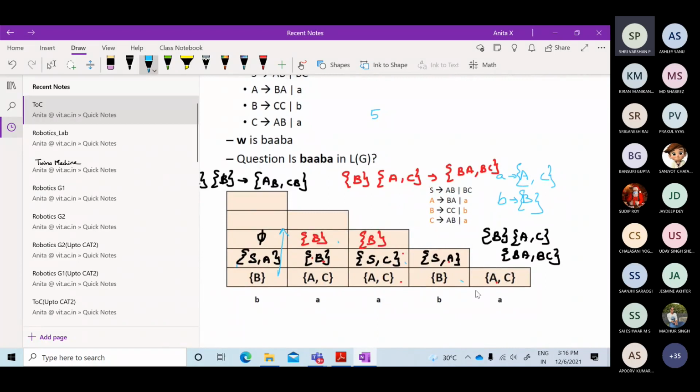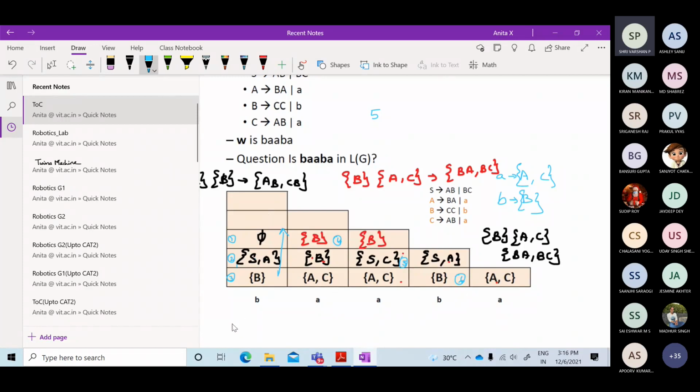Do you all agree with that? Yes, ma'am. Right? So now what should I do? Let me call these 1, 2, 3 and let me call this as 4, 5, 6. So there are 6 blocks. In order to make the entry, I'm dependent upon these 6 blocks.